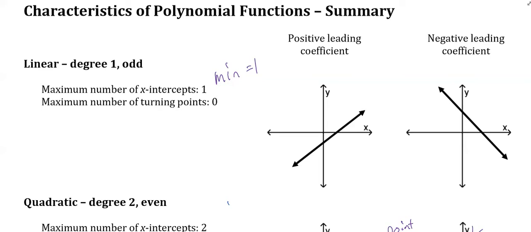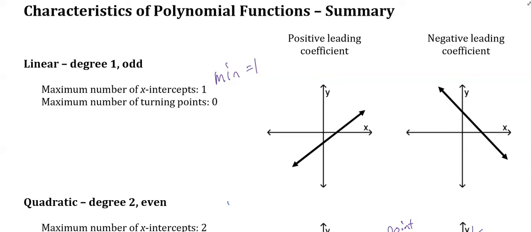It's a straight line, so we think of it as linear, but it's degree 0. So it's not degree 1, so it's not the same. That's not a hugely important idea for us, but it is true. Technically a degree 1 polynomial function will have a maximum of 1 x-intercept and a minimum of 1 x-intercept.